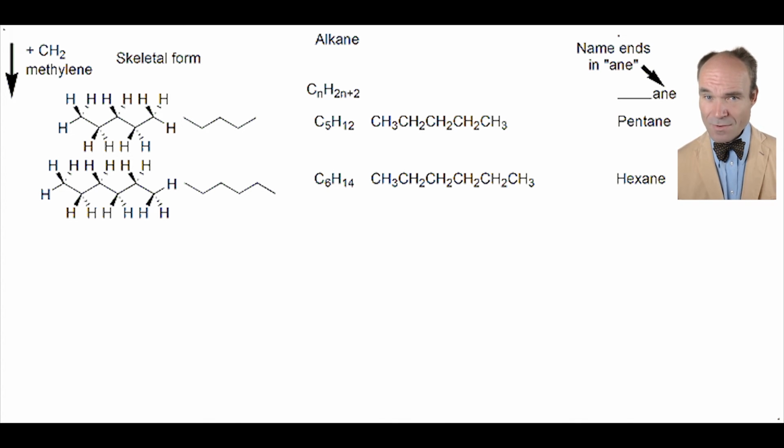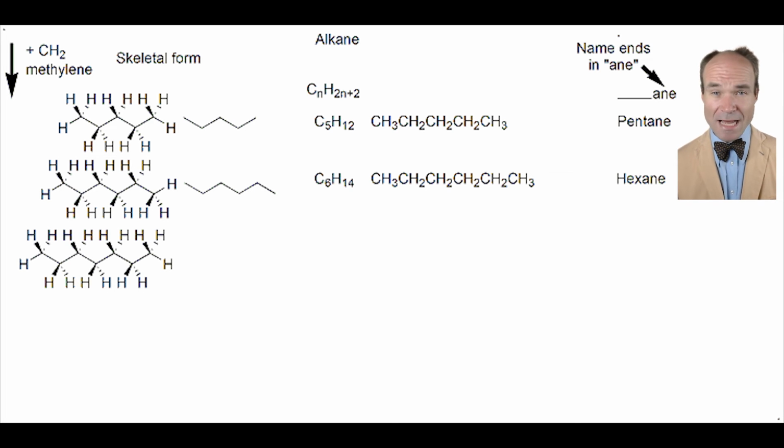From there, yes, another carbon is added as a methylene CH2 group. So here we have the 3D form. Here we have the simple structure, not drawing carbons or hydrogens. The molecular formula is going to be C7H16.